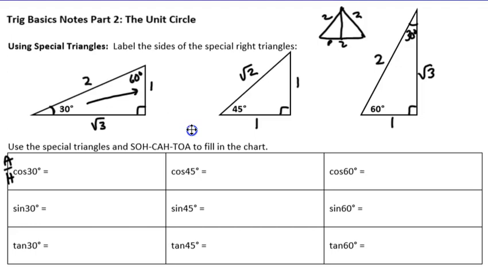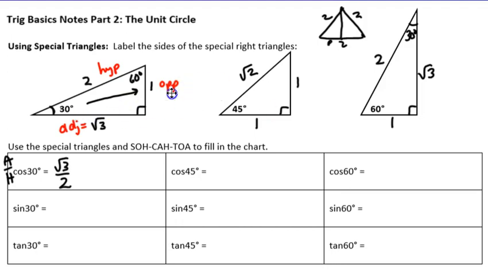Now what's the adjacent side to 30? Well, the adjacent side to 30 is square root of 3, and the opposite side is 1. And then this would be the hypotenuse. So when we say adjacent over hypotenuse here, we're talking about the square root of 3 over 2.